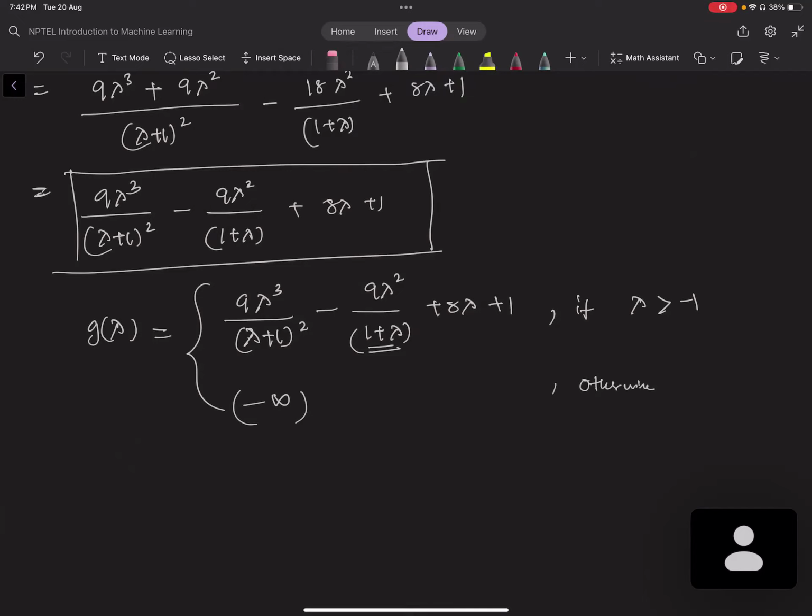So it will be either minus infinity, or it will be undefined.